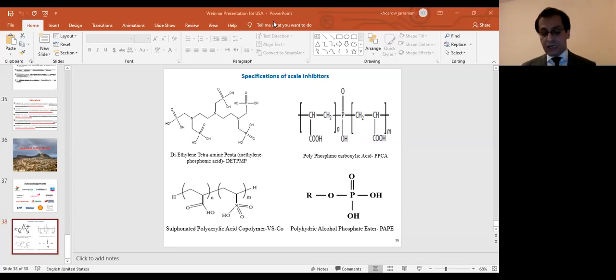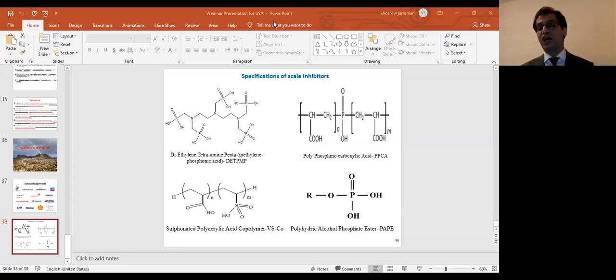So I can say that scale inhibitor squeeze treatment in carbonate formation is one of the most important challenges in the oil industry, particularly in the Middle East, where we have loads of carbonate systems.